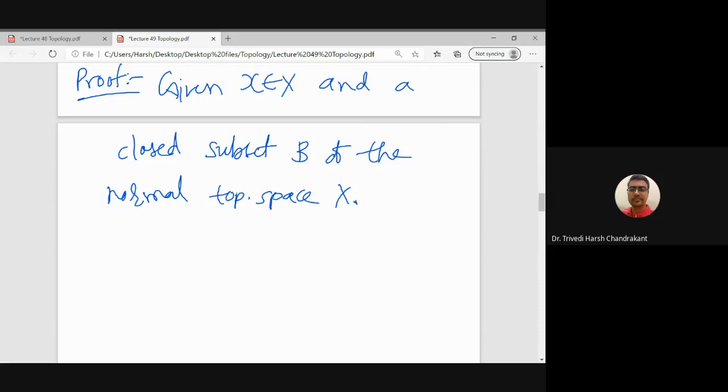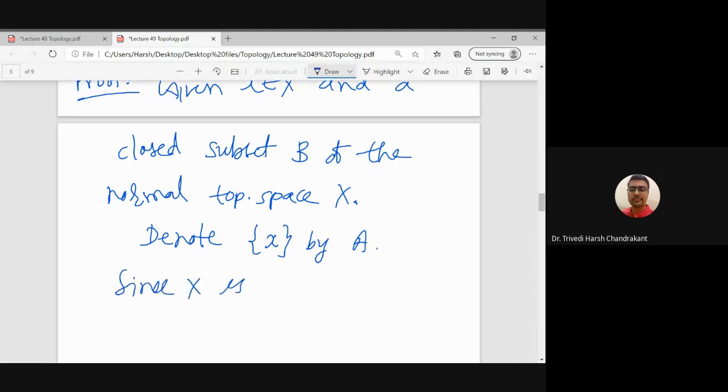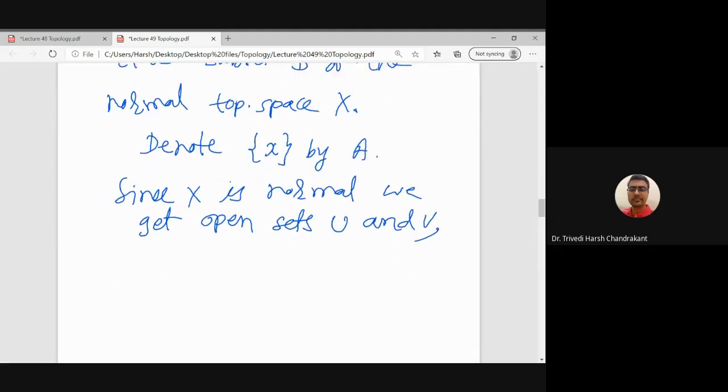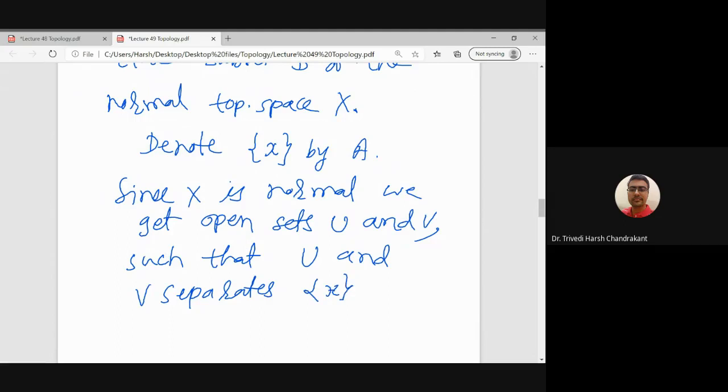One closed set B is given, so denote the closed singleton x by A. So now we have two closed sets A and B. Since X is normal, we get open sets U and V, by the definition of normal space, such that U and V separate A and B, where A is the singleton x and B is the closed set.